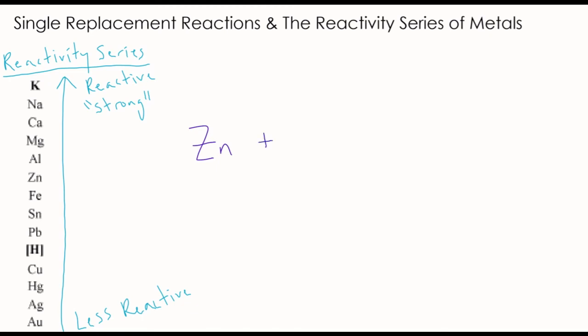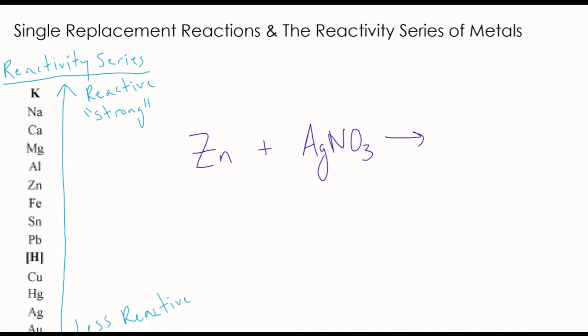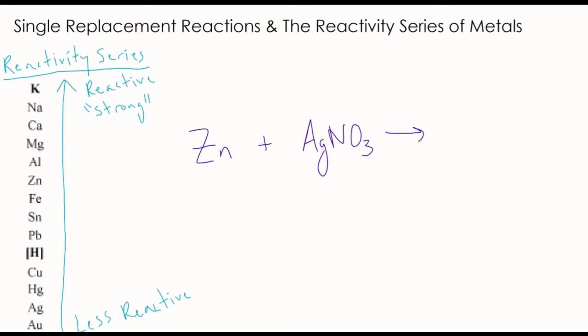All right, so why don't you guys try this example and see what you think. So we have zinc reacting with AgNO3. So will this reaction happen? Yes or no? Take a second, think about it. Will this happen?